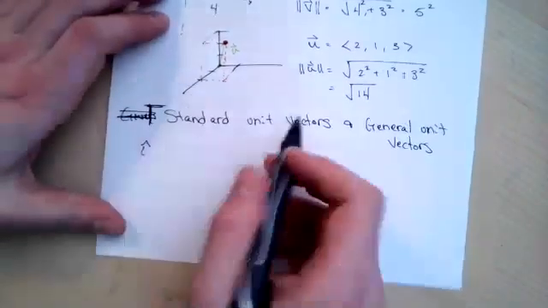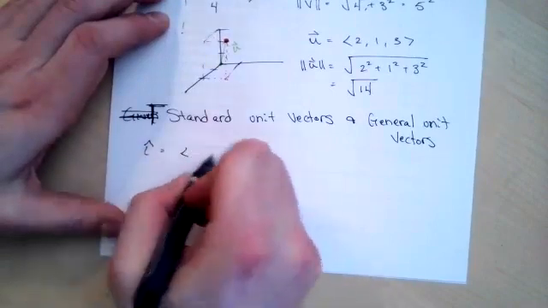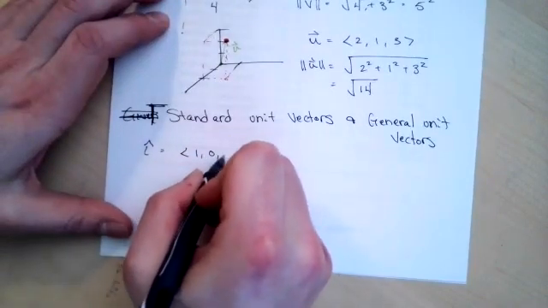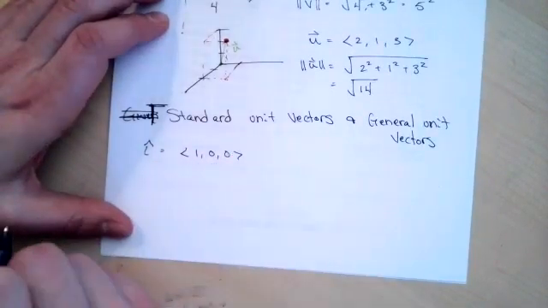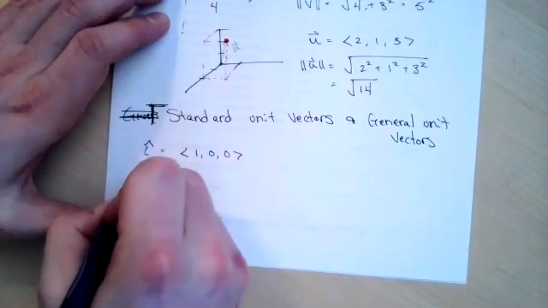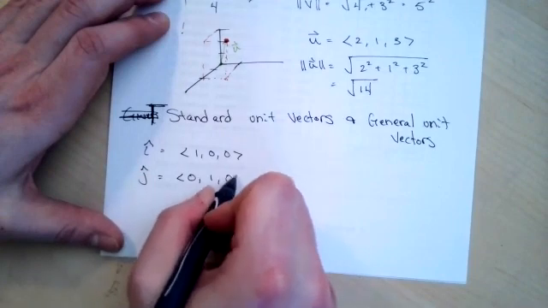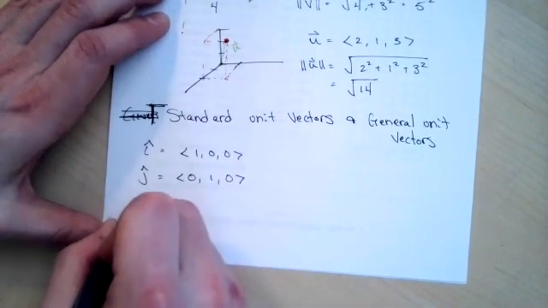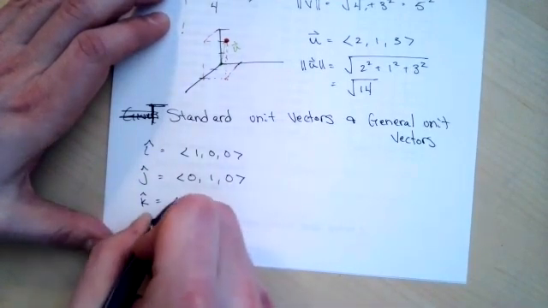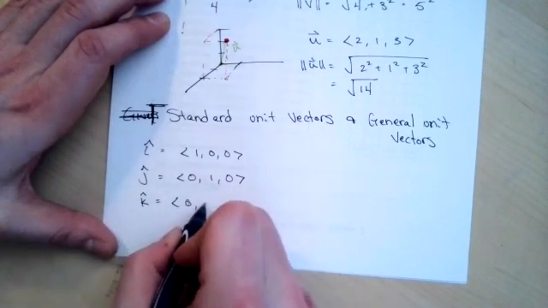So i hat is just the unit vector that points 1 in the x direction. Our j hat points 1 in the y direction, and k hat points 1 in the z direction.